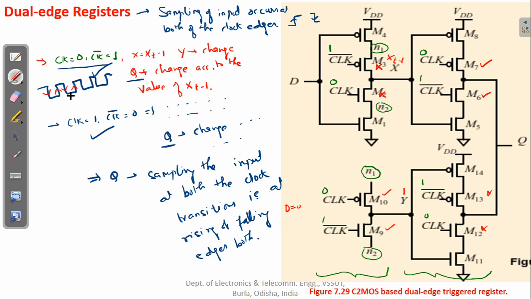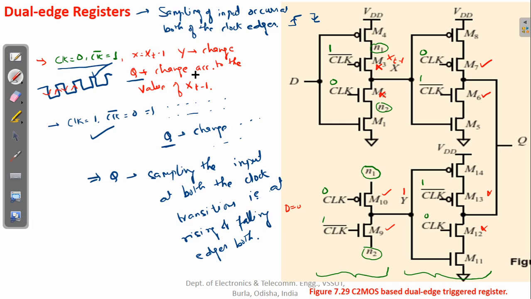Okay, so it means that even with a smaller clock signal, we can still achieve the same functionality as positive edge triggered or negative edge triggered registers, because here the rate of activity has doubled. So even with a 50% slower clock signal, the rate of sampling or the speed of the circuit would be the same as compared to a simple positive edge triggered or negative edge triggered register.